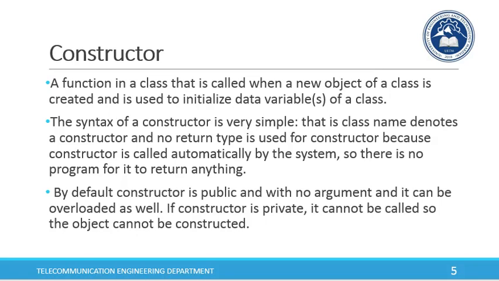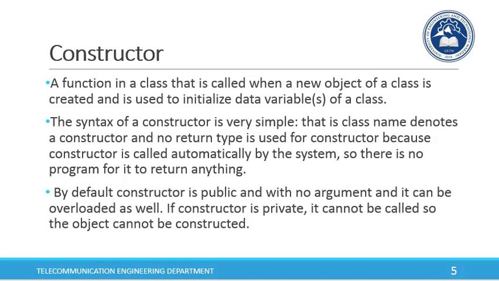You will not write a return type, like int or void, at the start of a constructor. By default, a constructor is public and with no arguments, and it can be overloaded as well.